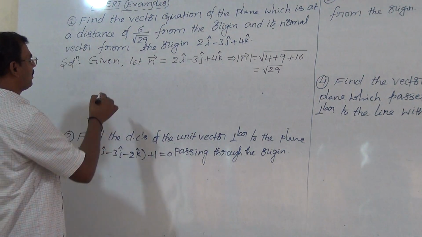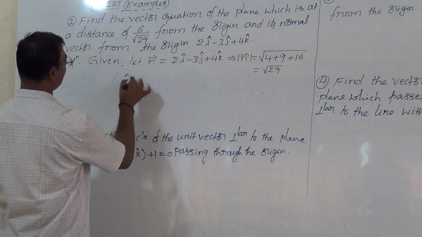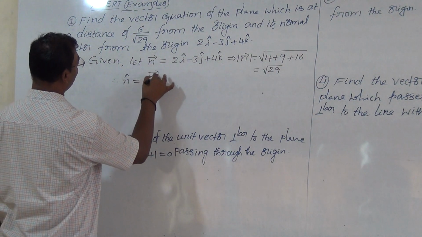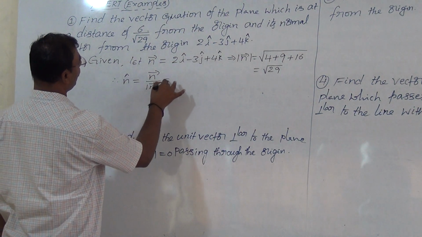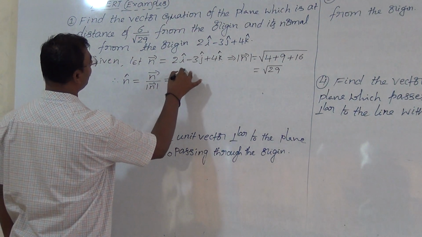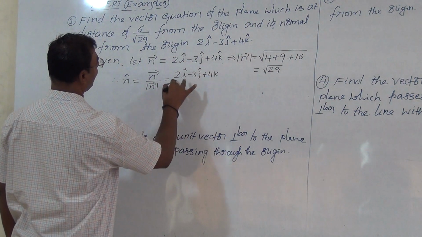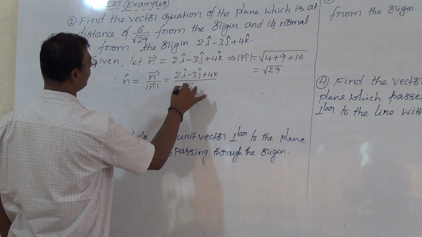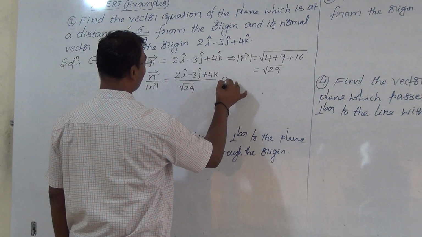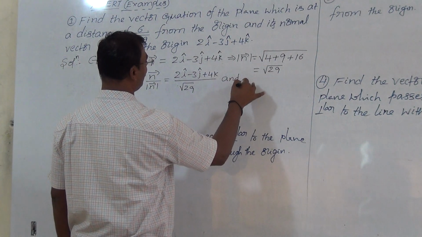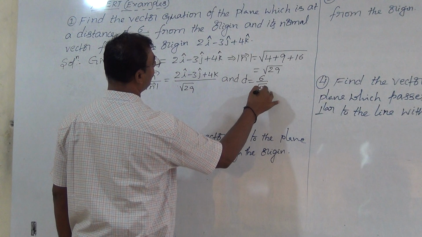Now n cap is equal to n bar divided by magnitude of n bar, which is 2i minus 3j plus 4k divided by square root of 29. Also the distance from the origin is given, so d is equal to 6 by square root of 29.